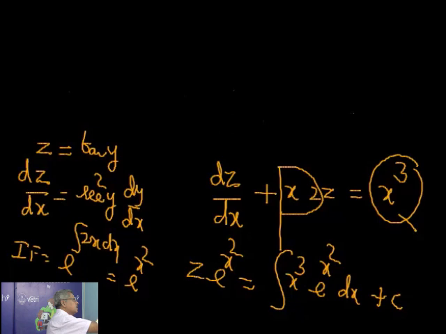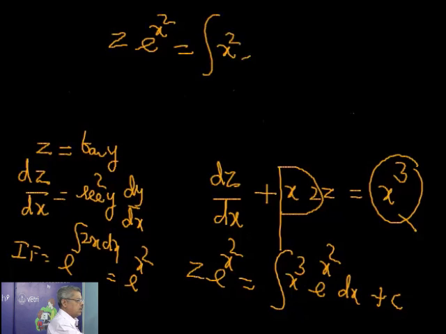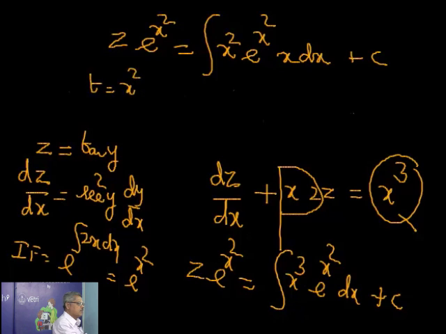We write z e power x square is equal to integral x square e power x square x dx. What I have done is writing x cube as x square times x, so that we can give the substitution t is equal to x square, then dt is equal to 2x dx.